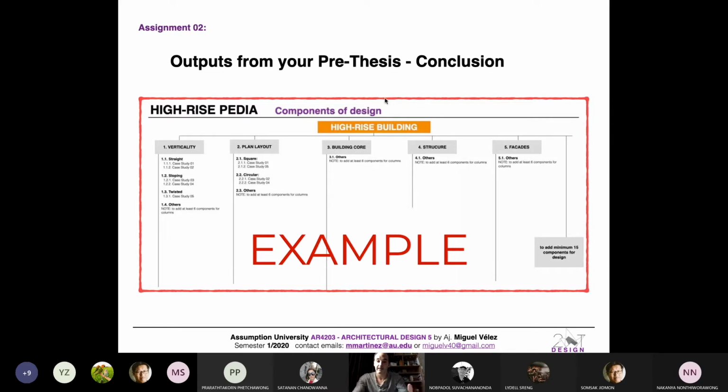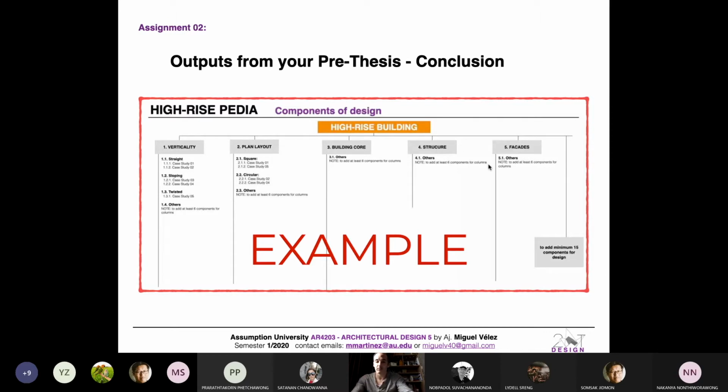Let's say here is going to be your proposal. When you have all this work done with the prethesis, at the end you should have a kind of conclusion of whatever your building is. Here you should write your building: the name of the building of Lydell, the name of the building of Nakanya, the proposal. And all this should have different elements of design, which in the case of the high-rise building are going to be the verticality, the layout of the plan, the building core, the structure, the facade.